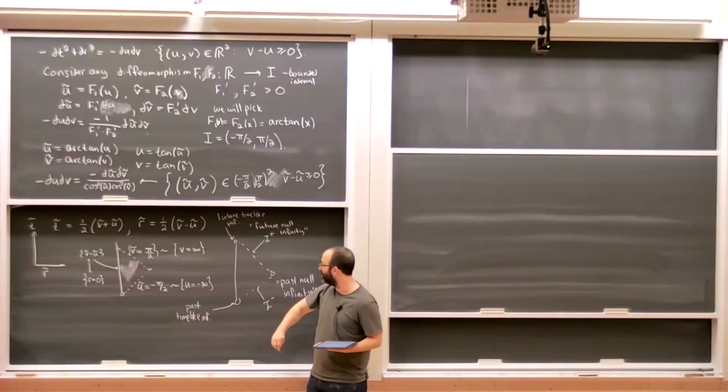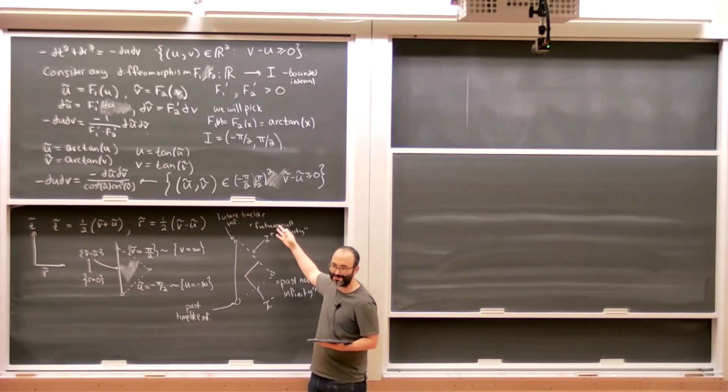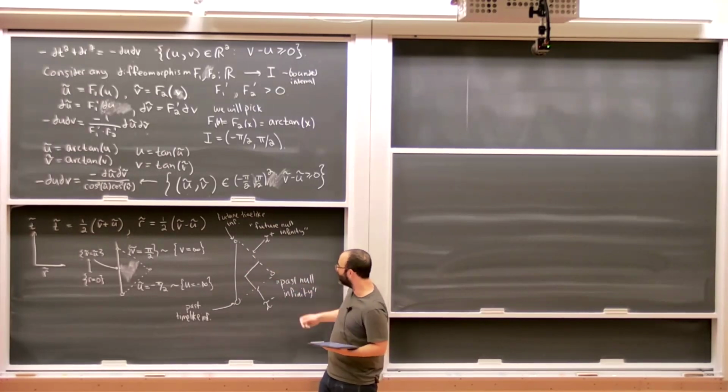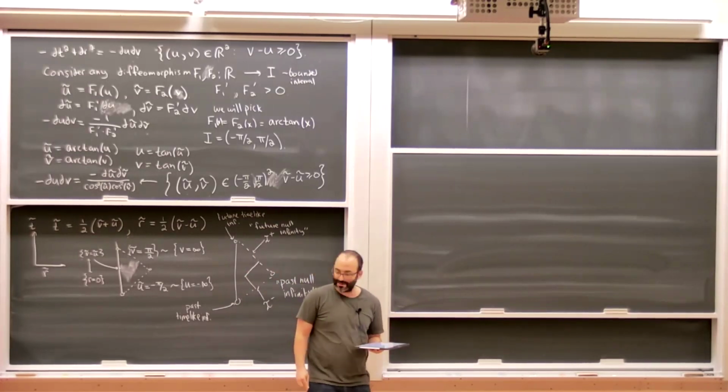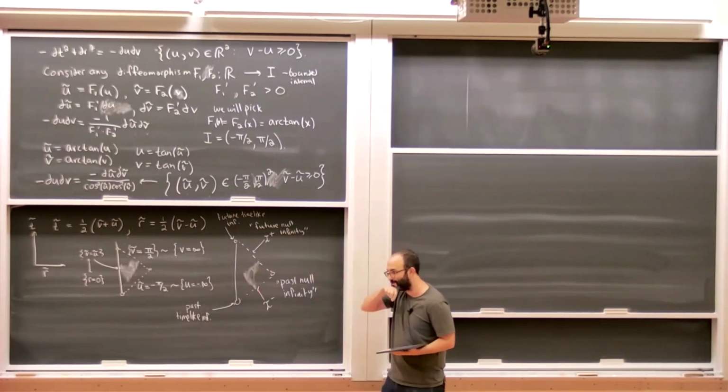If it's a future oriented one, it will asymptote to this boundary, and if it's a past one, it will asymptote there. That's why all null geodesics to the future go to future null infinity. Similar here. If it's your first time seeing these, it's useful to draw these familiar curves from Minkowski space.